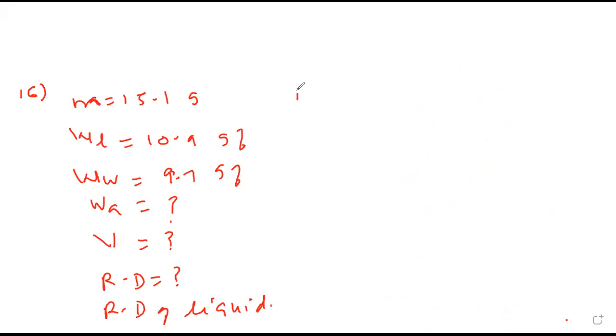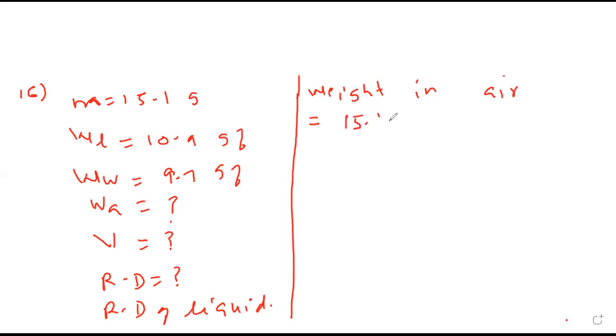First part. Weight in air equals 15.1 gf. First part we got. Volume. To get volume, can I go by loss of weight method? Weight in air minus weight in water is density of water into volume.